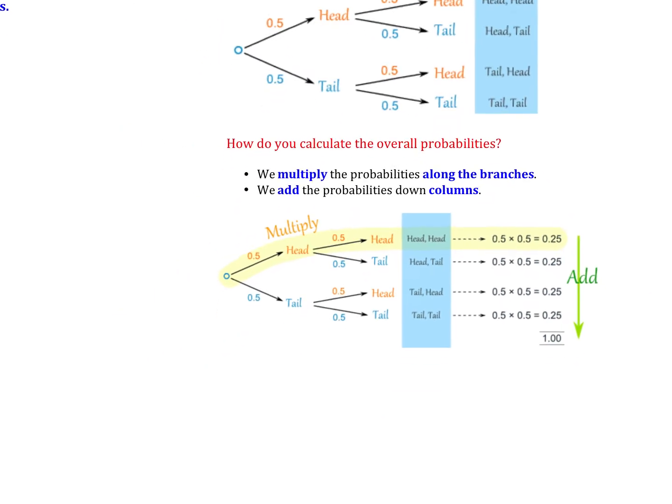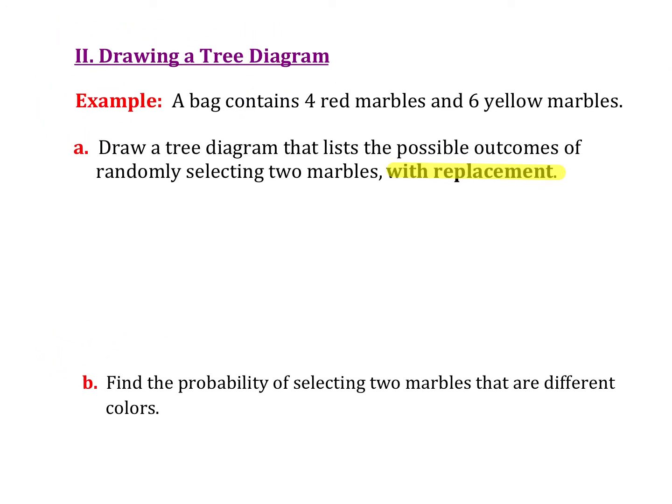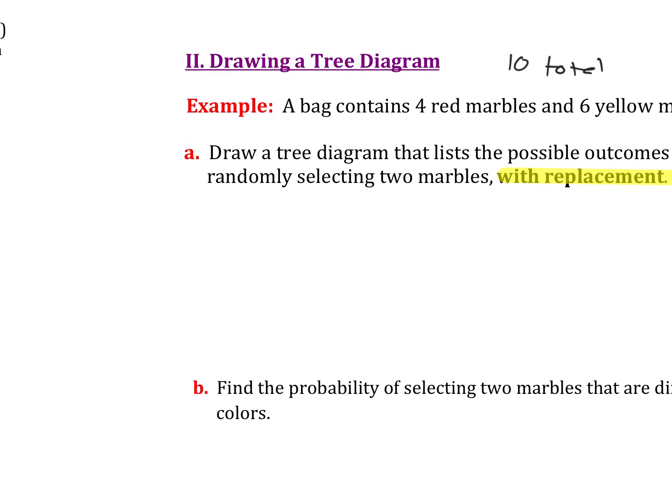Okay, let's see an example. A bag contains 4 red marbles and 6 yellow marbles, meaning there are 10 total marbles. Draw a tree diagram that lists the possible outcomes of randomly selecting 2 marbles with replacement. I'm going to start off by drawing my first set of branches.